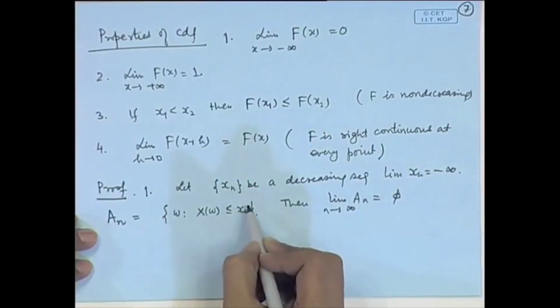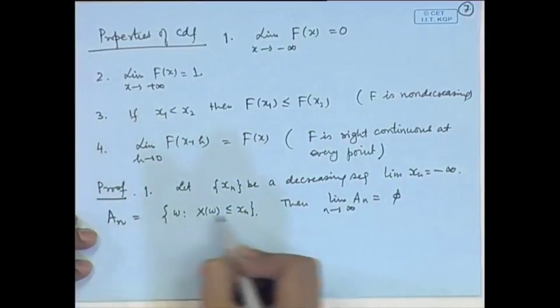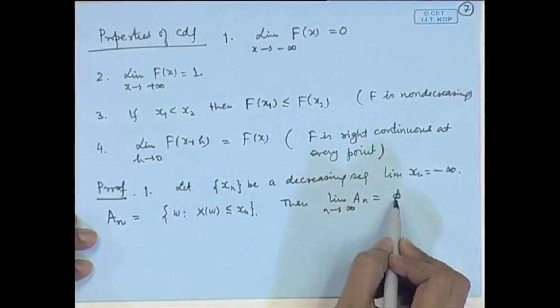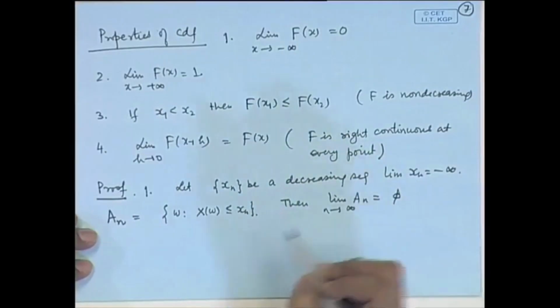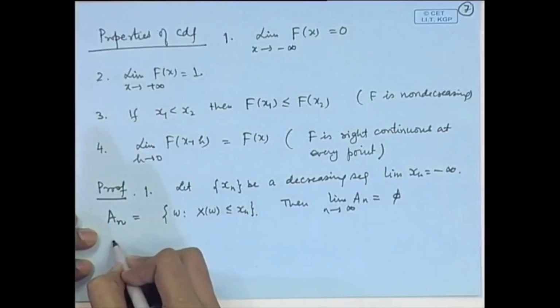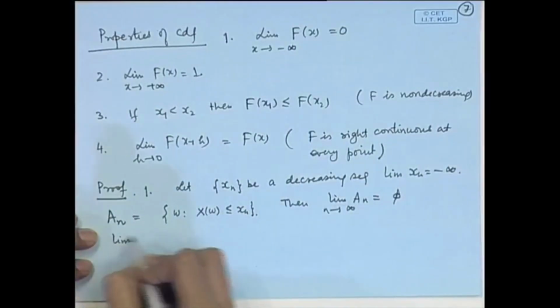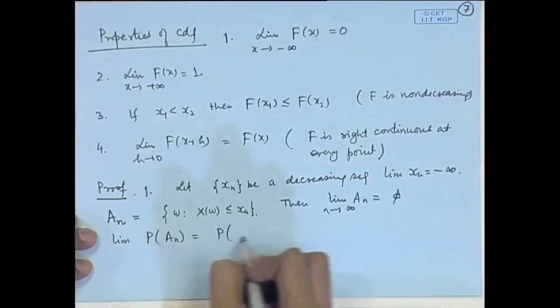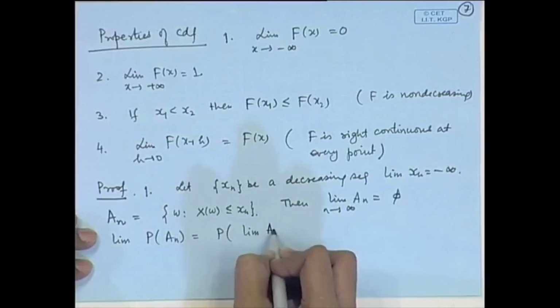Because if x_n is a decreasing sequence, then A_n will be a decreasing sequence, and if I take the limit of A_n as n tends to infinity, this will be the empty set. So, now the limit of the probability of A_n is equal to the probability of the limit of A_n.